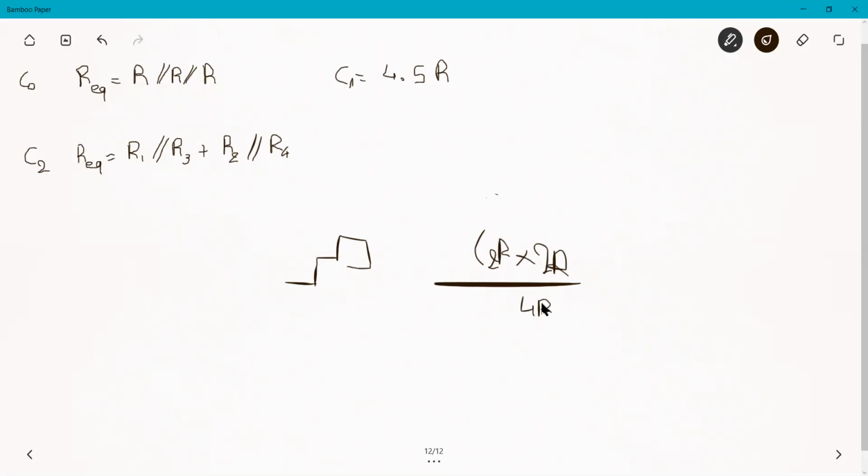So 2R times 2R makes 4R squared, over 4R. Then the result is R. Oh yeah, thanks. Makes sense?